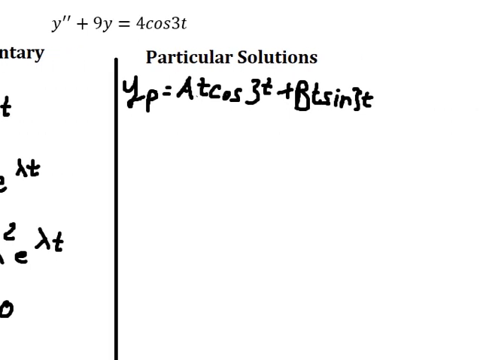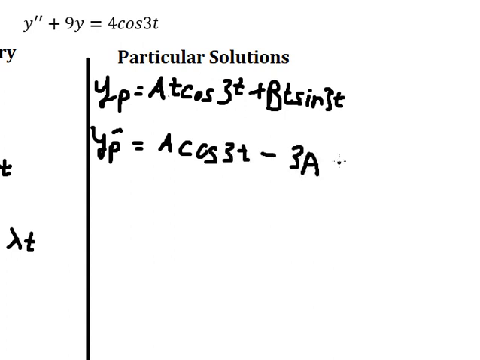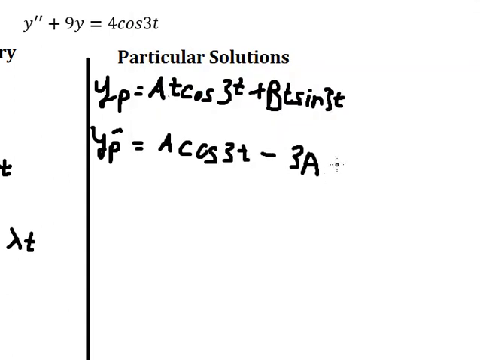So if we take the first derivative of yp, it is like this. We have a cosine 3t minus 3at sine 3t.